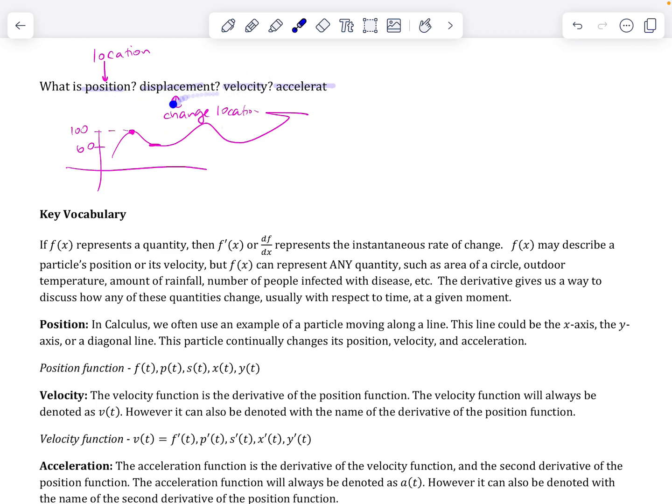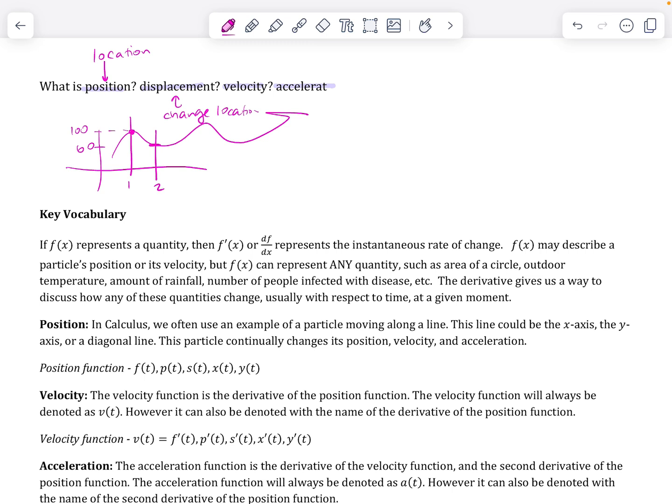Velocity is how fast this thing is occurring. So let's say you went from 100 miles an hour to 60 miles an hour, or you went from a height of 100 to a height of 60. How fast did that happen? Did that happen in 10 seconds the way it's shown here, or did that happen in 1 second?